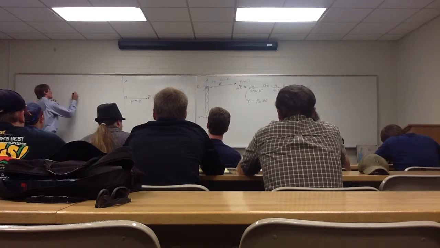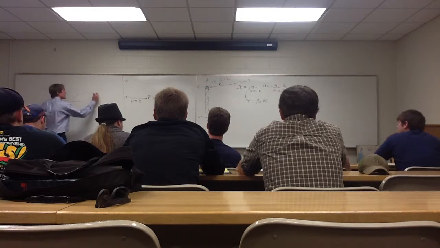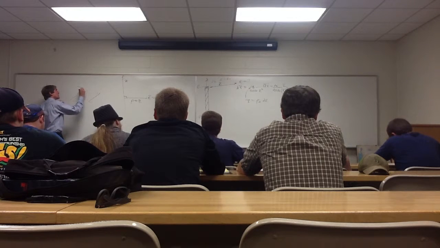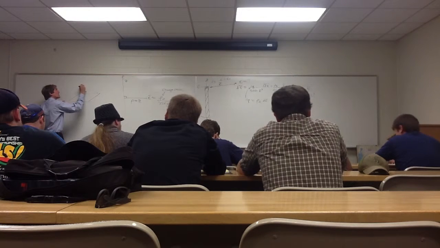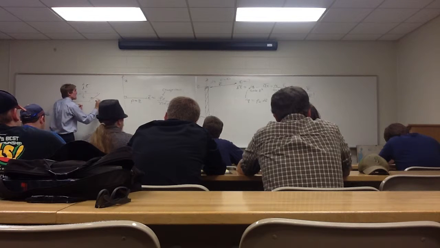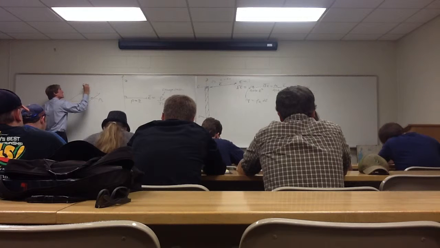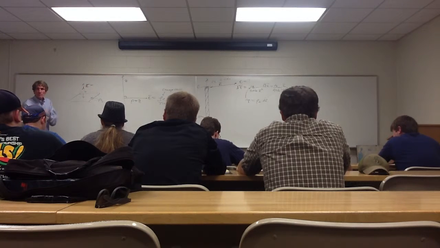Does anybody remember what it is from a plane? If I have a plane here, and I say that this is an infinite plane, and I'm some distance z above it, or call it h above it, and I want to know what the electric field is here, and on this plane I have some surface charge density. Hopefully this will refresh your memory, so next time when we start on this, I won't be dealing with a blank slate.